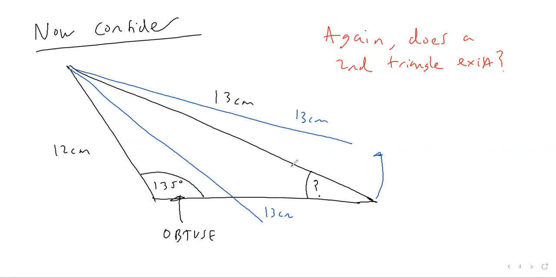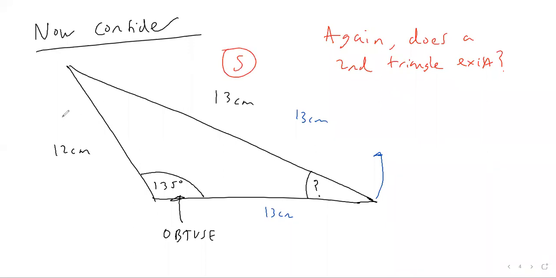So with this example, where we've got an obtuse angle, it's still the same SSA arrangement, but we've only got one possible triangle. So the answer is no, there's only one possible triangle again.